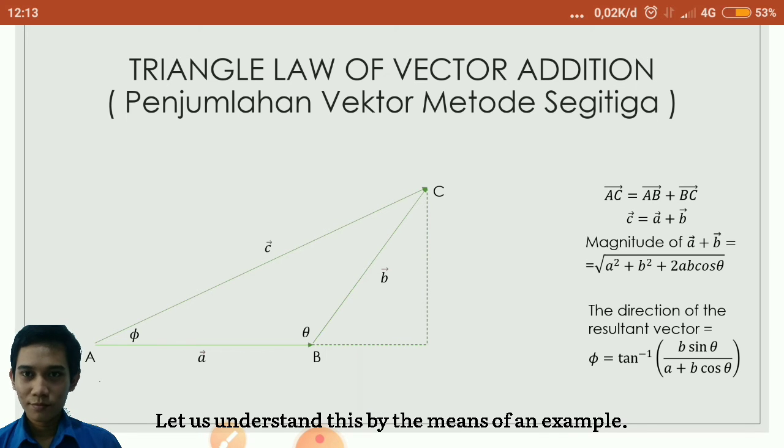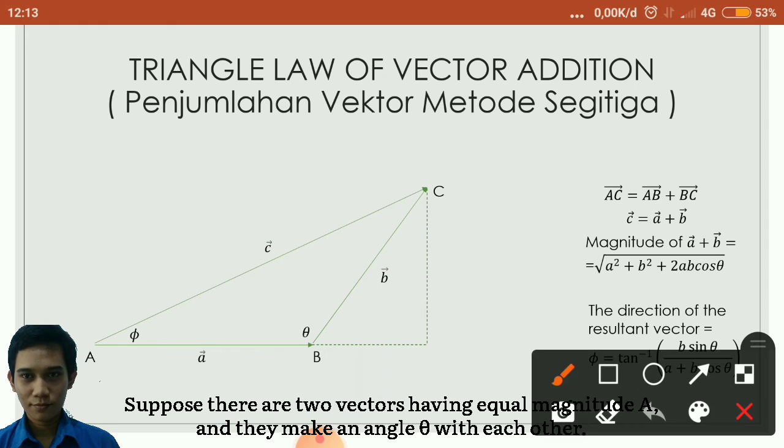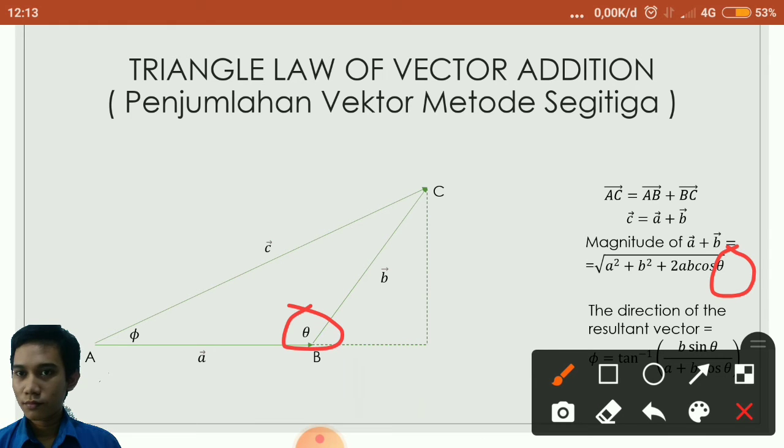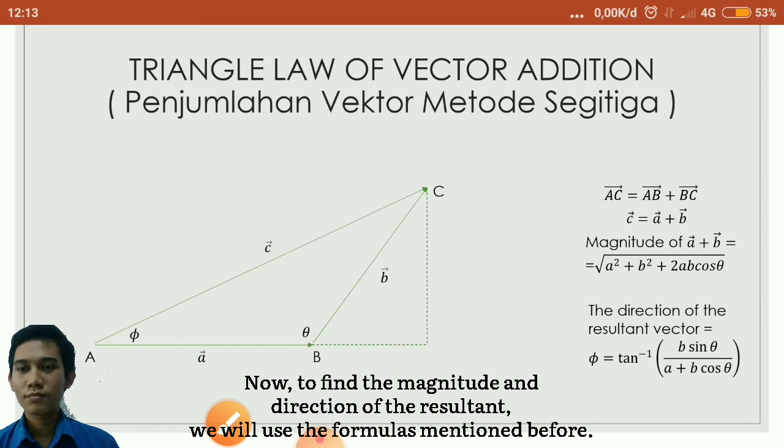Let us understand this by means of an example. Suppose there are two vectors having equal magnitude A and they make an angle theta with each other. Now to find the magnitude and direction of the resultant vector, we will use the formula mentioned before.